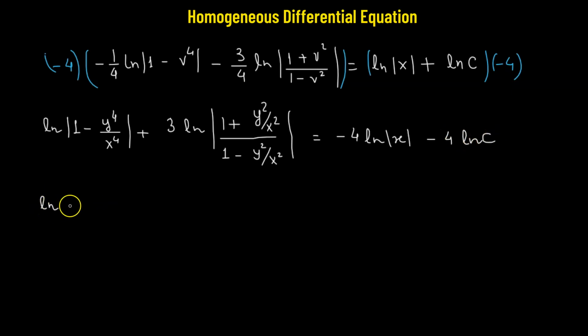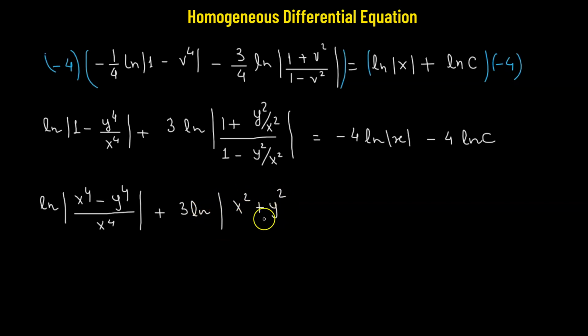So we have natural log of x raised to the power of 4 minus y raised to the power of 4, divided by x raised to the power of 4, plus 3 times natural log of x squared plus y squared divided by x squared minus y squared, equals to negative 4 natural log of x plus 4 times natural log of c.